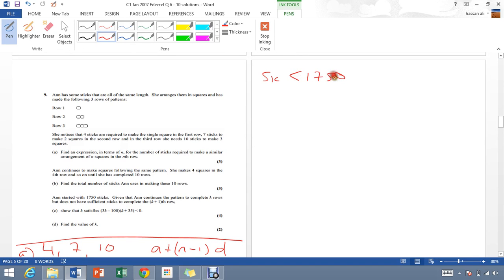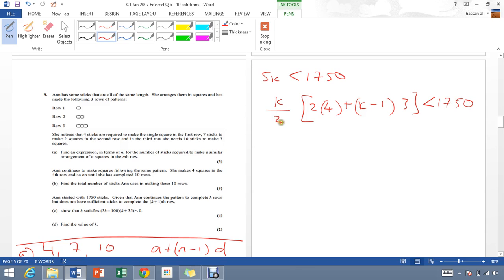It's the same formula that we use, but this time we're going to use k. Again, n over 2 times 2a plus your k minus 1, and then times your d, which is your 3, and all of this has to be less than 1,750. So it's an inequality in here as well.